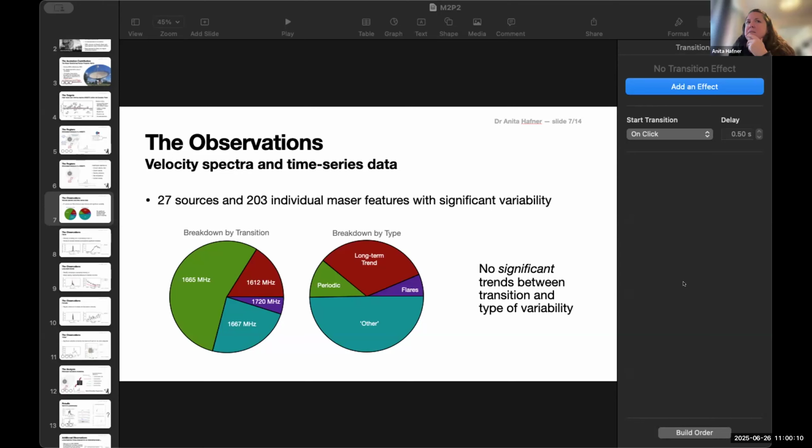But I would say, and maybe somebody else more active in that group than I am might want to jump in, it's more of a loose consortium of like-minded people who are interested. A lot of the conversations in that group are people letting others know about flaring events, mostly in methanol masers. A lot of the collaboration is trying to coordinate follow-ups of flaring events.